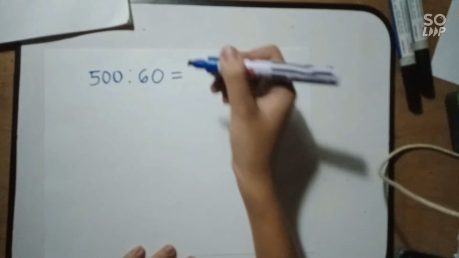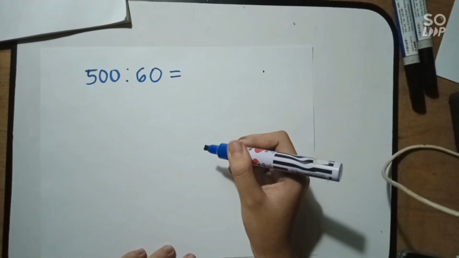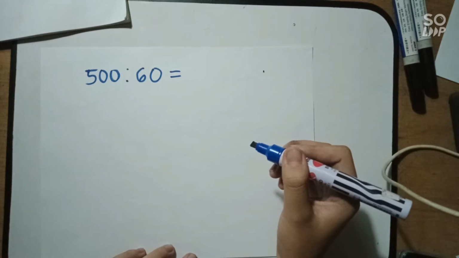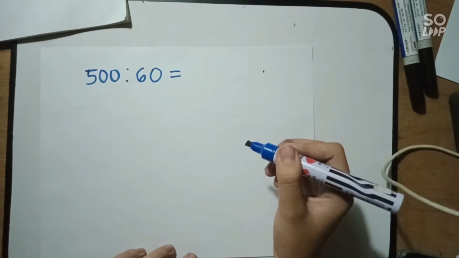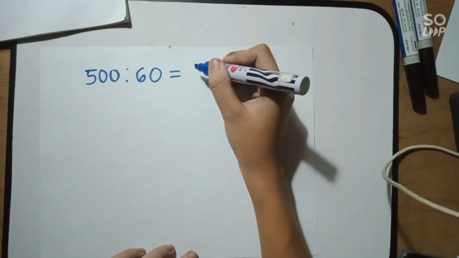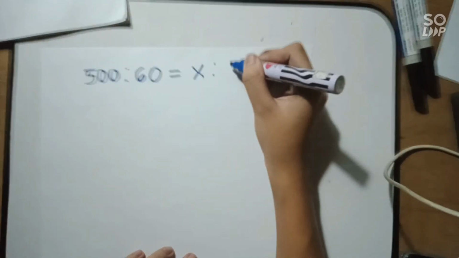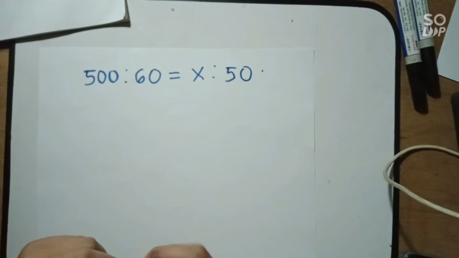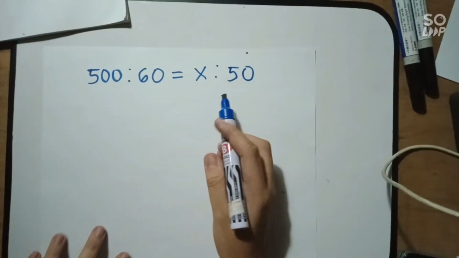is equal to, so let x be the number of kilos of vegetables sold at 50 pesos. So the ratio will become x is to 50 pesos. So the same process, what we're going to do here is to express this ratio as a fraction.